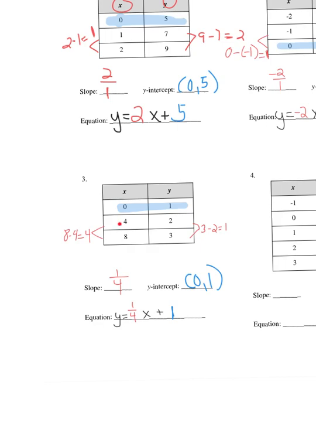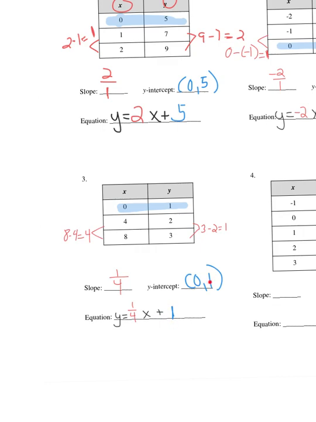X number 1 is 4, so 8 minus 4 is equal to 4, so my change in x is 4, so that goes on the bottom. So my slope is 1 over 4. My slope formula is y equals mx plus b. M is slope, slope is 1/4, so it's y equals 1/4 x plus b. B is my intercept.